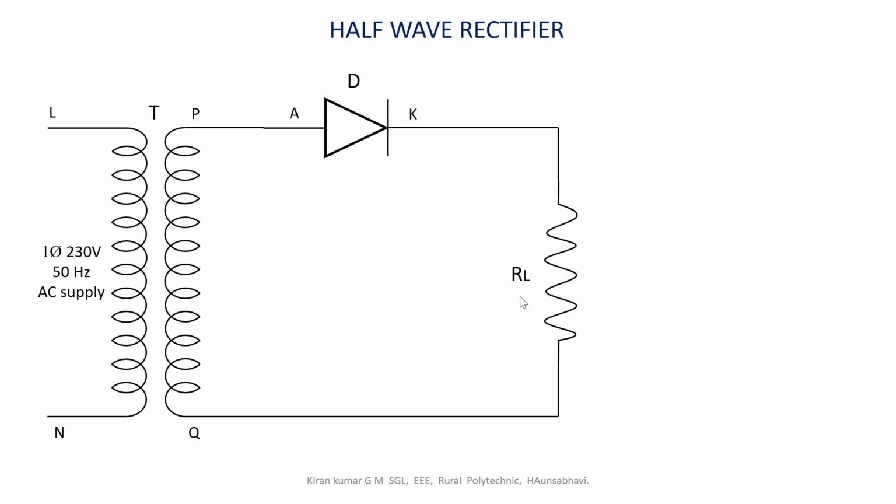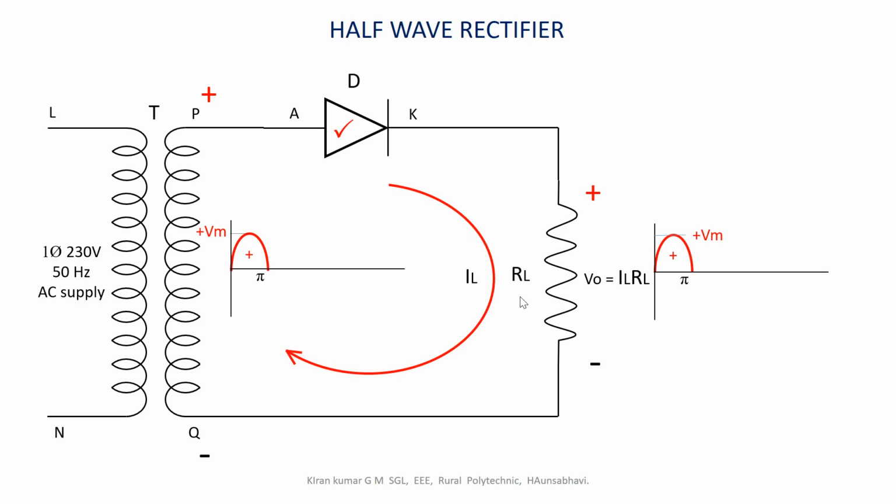We will see the variations of the input and output voltages through these axes in the graph. During the positive half cycle of the input, the terminal P of the secondary of the transformer will be positive with respect to the terminal Q, and Q will be negative. The variations of the input and output waveforms from 0 to pi radians are as shown in the graph.